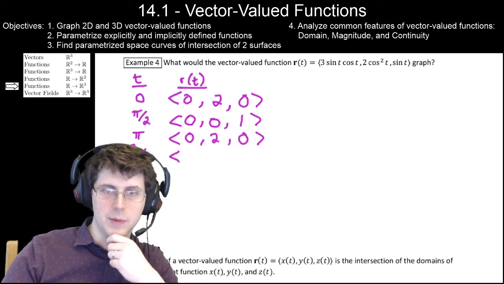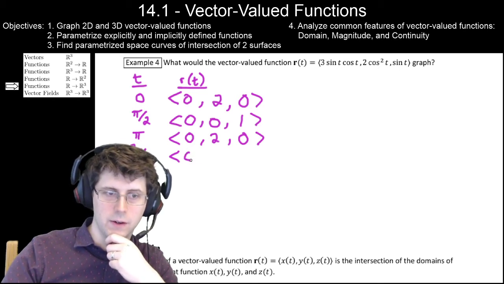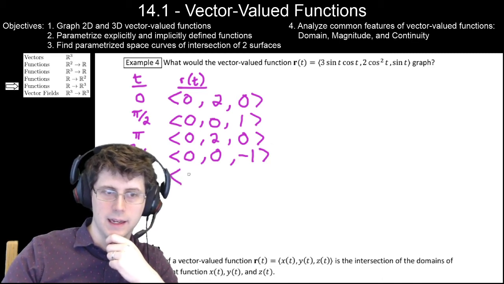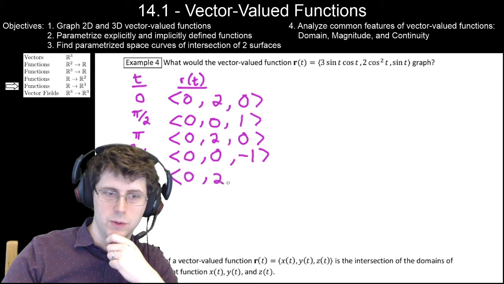When t is 3 pi over 2, I get 0, 0, minus 1. When t is 2 pi, I get 0, 2, 0.